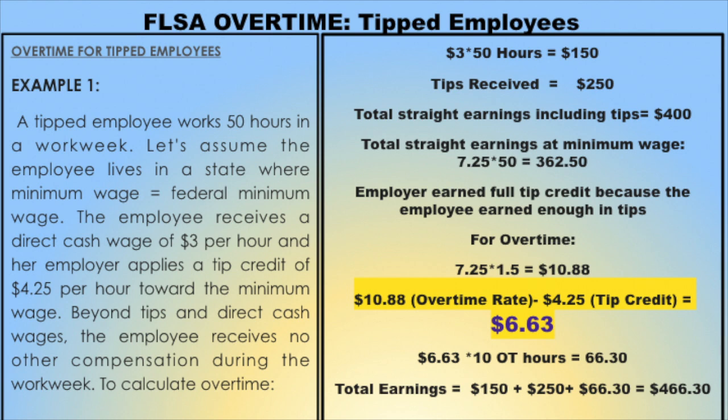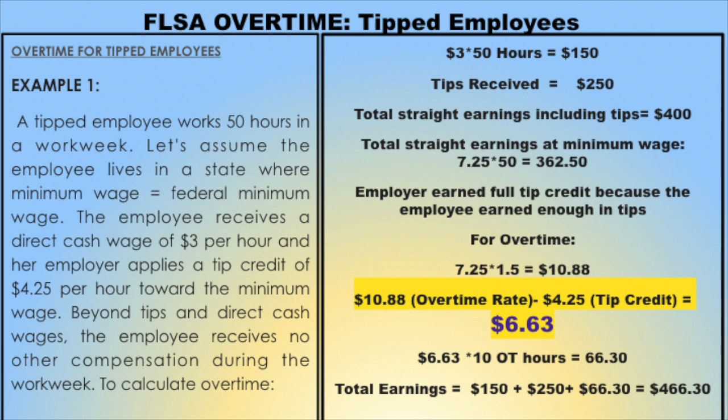Now $6.63 is the rate that we will apply to the overtime hours, and we get the amount of $66.30. So the total earnings are 150 plus 250 tips plus 66.30.